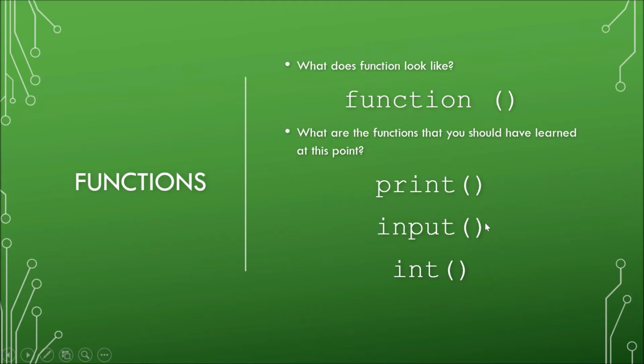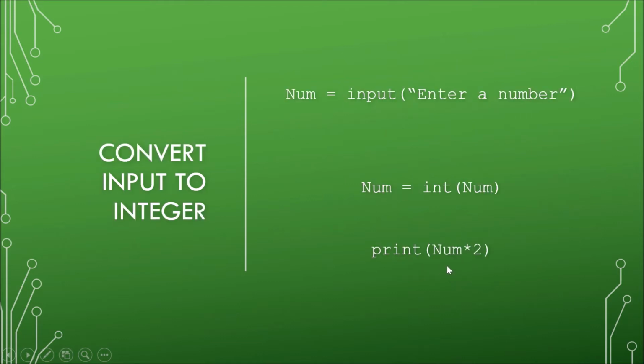Print is to display, input is to collect the user input, and integer, so far we have used it to convert the user input from a string to an integer. Here we request the user to input a number, we convert it into an integer and print.